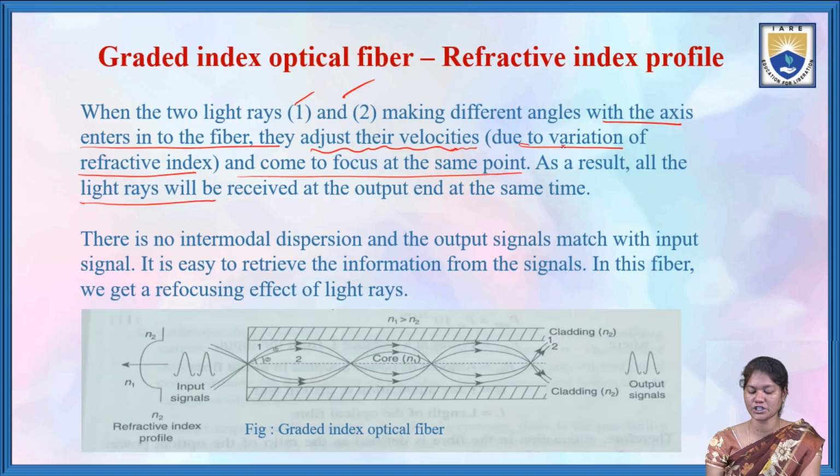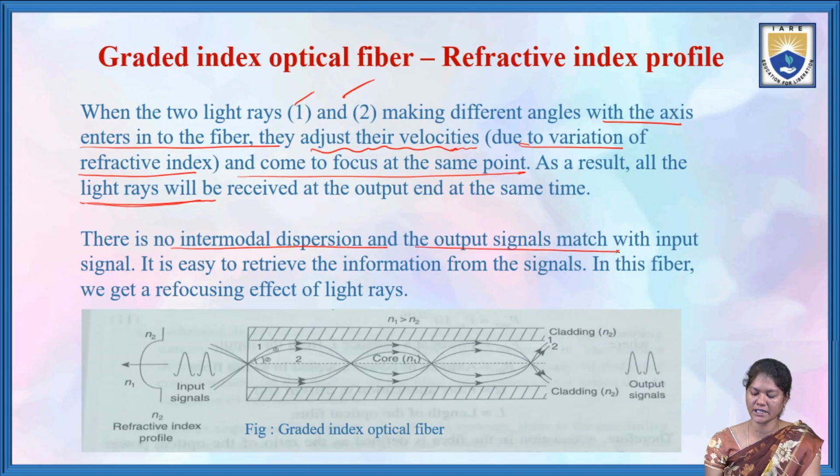So due to the variation of refractive index, they adjust their velocities and come to focus at the same time as output. As a result, all the light rays will be received at the output end at the same time. So there is no intermodal dispersion. That is, no distortion takes place here.